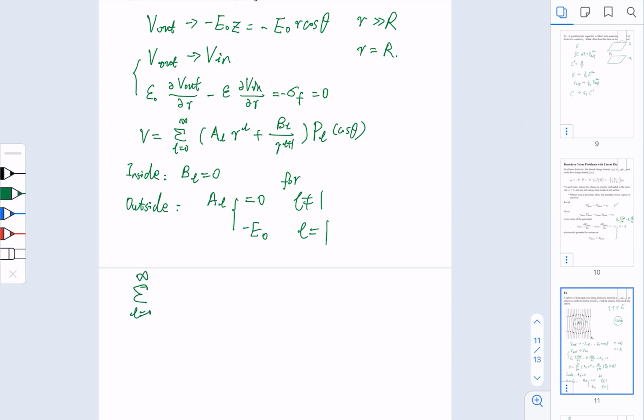Inside, the potential should be A_L times r^L times P_L cosine theta, and outside the potential only has minus E naught for the A_1 cosine theta, and then all the terms with B_L.